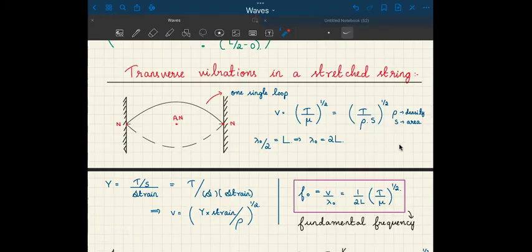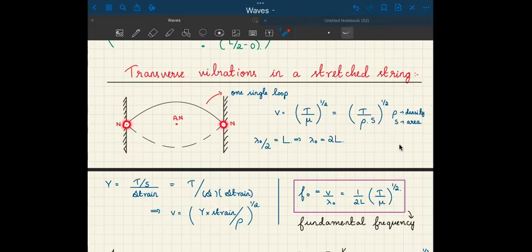Now, I have introduced the stationary waves. I have discussed the different forms of equations, and I have discussed the energy associated with one loop. Now I am discussing transverse vibrations in a stretched string. Remember, I am taking a string and tightening it between two rigid supports. No other option.